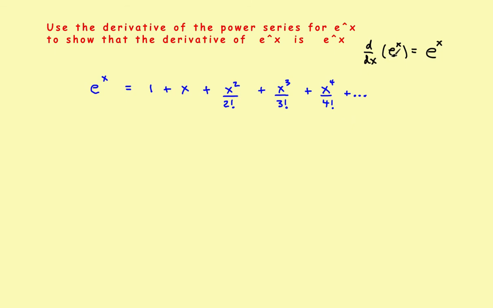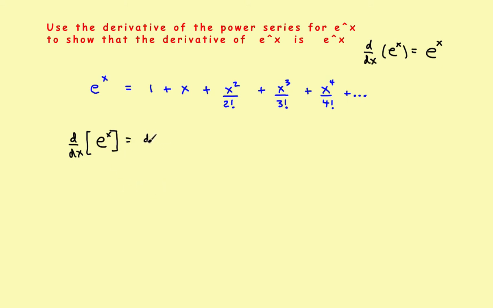Now, if we find the derivative of e to the x, it should be e to the x. So we'll do the same thing here, but we'll just do it in the form of a power series. So let's find the derivative with respect to x of e to the x. And hopefully we can show that that will turn out to be the original function.